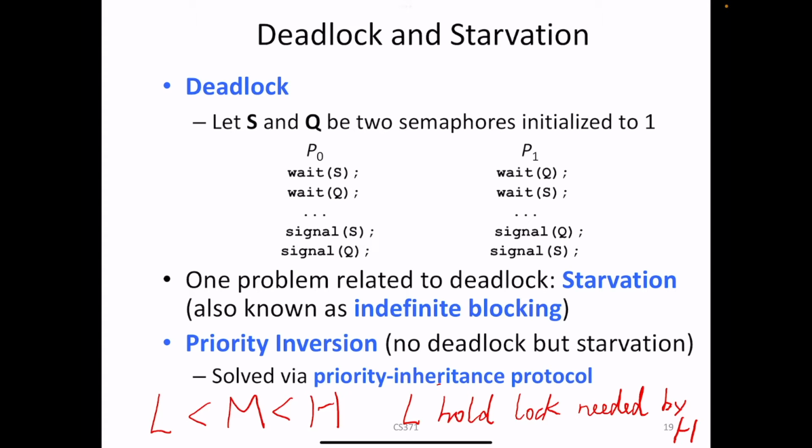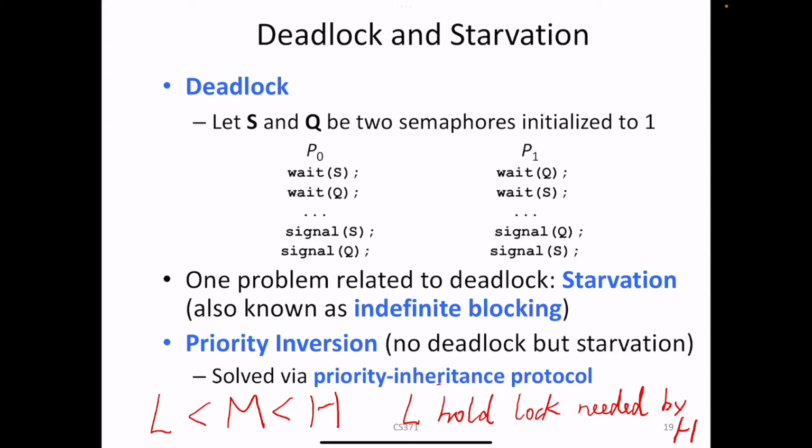The following situation gives us an example, which is called priority inversion. In this case, we do not have a deadlock, but the starvation problem still happens. This is actually a scheduler problem, which means a process with lower priority holds the resource or the lock needed by a process with higher priority.